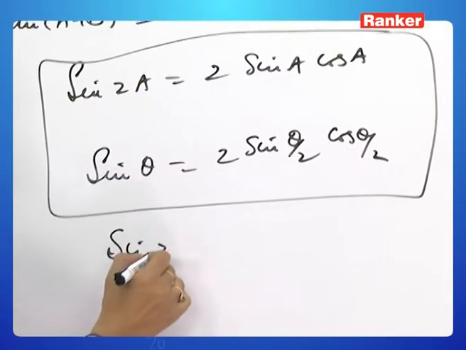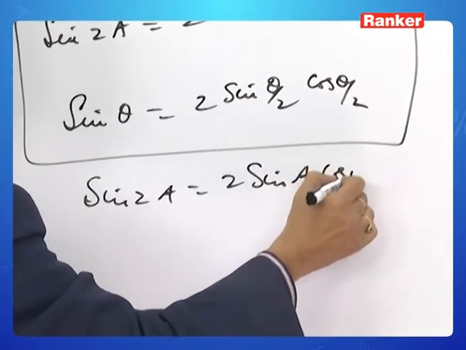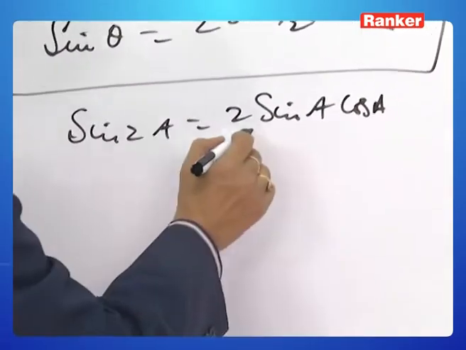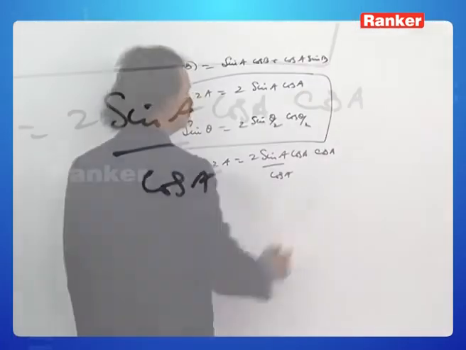Again, sin 2A is equal to 2 sin A cos A, we already have, isn't it? You divide with cos A and multiply with cos A. Anything wrong?